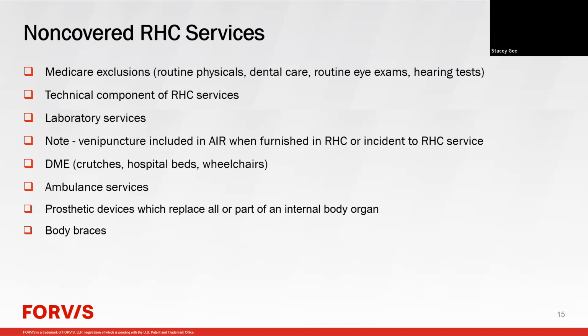Ambulance services are non-covered, and then prosthetic devices, which may replace all or part of an internal body organ, and then body braces. So that's what Medicare has deemed as non-covered by RHC services.